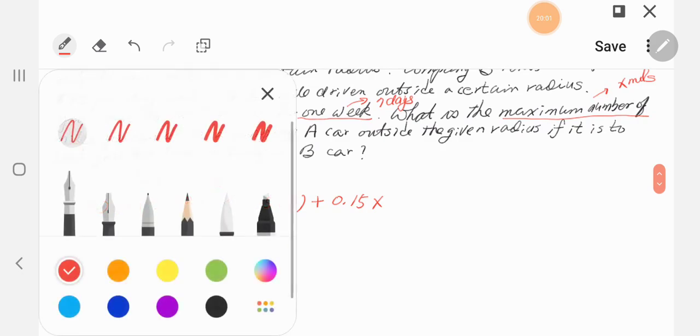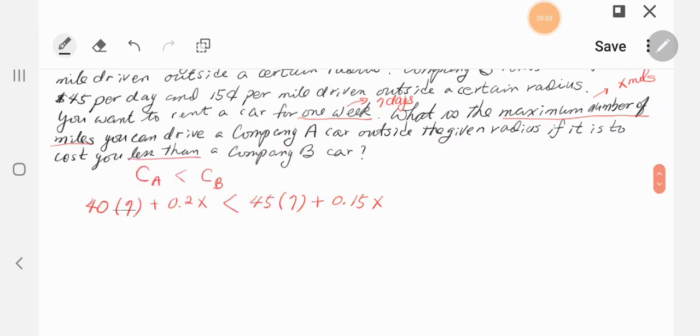Okay, let's change the color. So 280 plus 0.2x is less than 315 plus 0.15x, right? Let's collect the variable terms to the left.